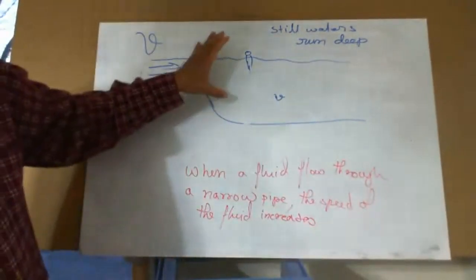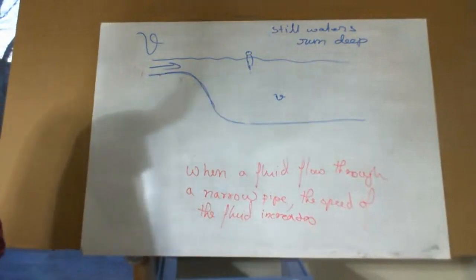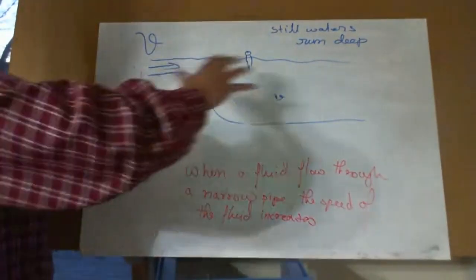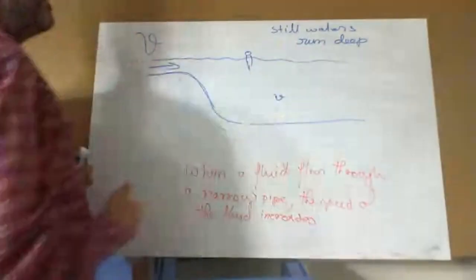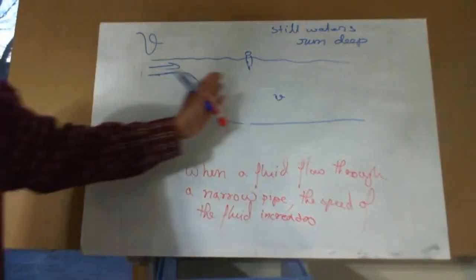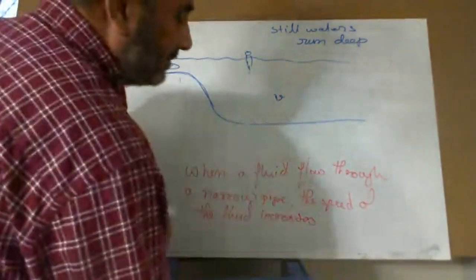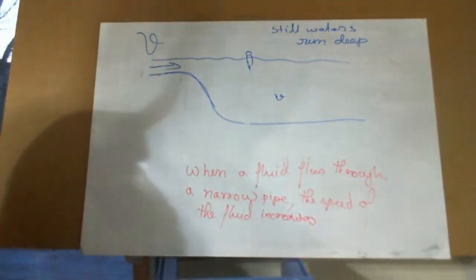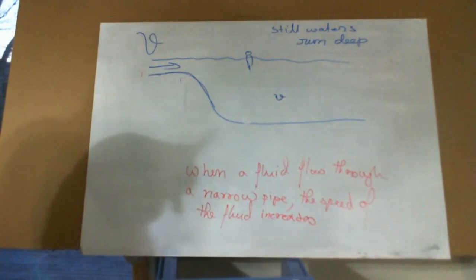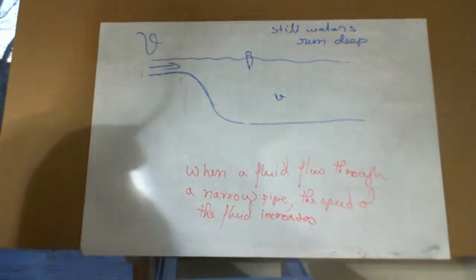That's why the waters are still. It's deceptive. You think it's calm, but in reality it's really deep, because the water is not flowing as fast. So anytime a pipe narrows, the speed of the water increases, or the speed of the fluid increases.